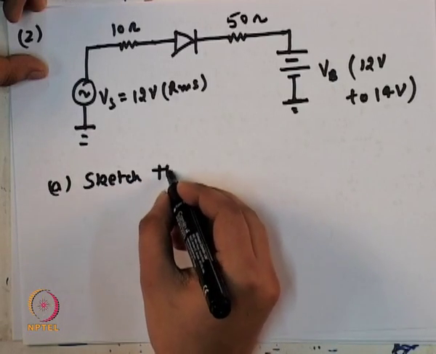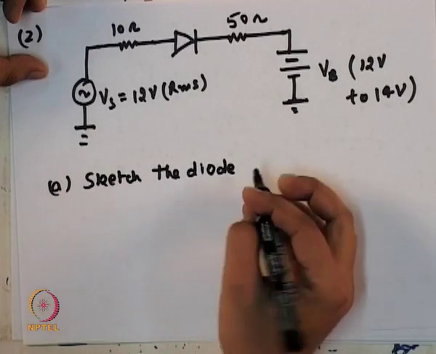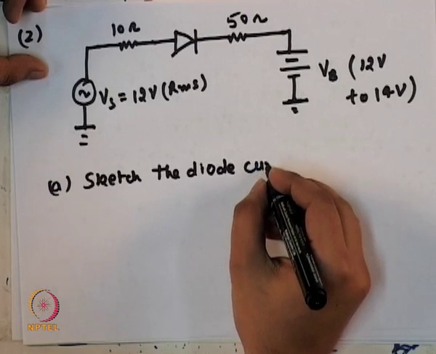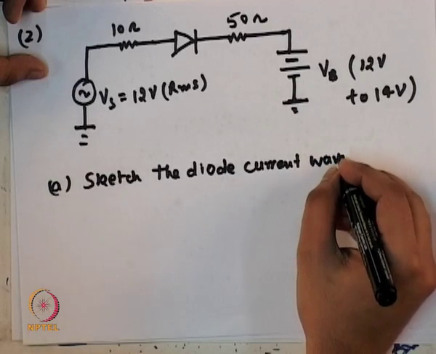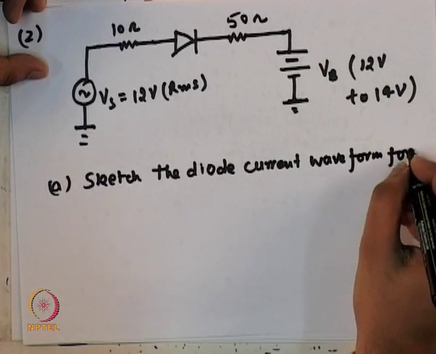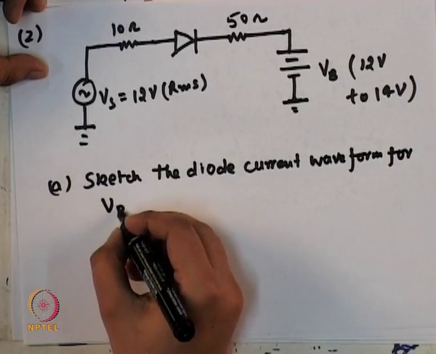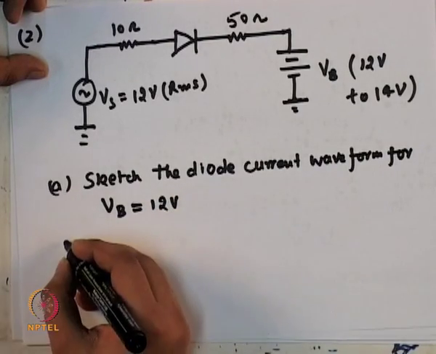Sketch the diode current waveform for VB equal to 12 volt.